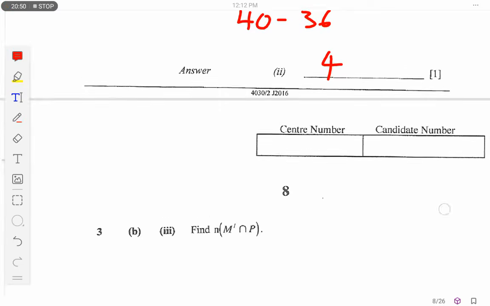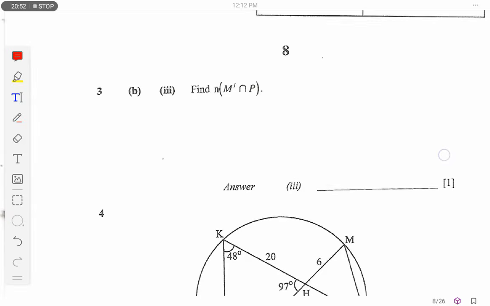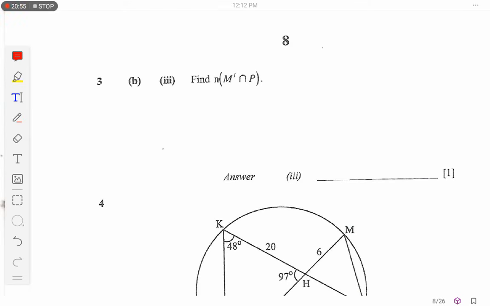Okay. Then the last part of this question is saying find n of M dash intersection P. What this means is that we want to find the number of students who do not do mathematics intersection those who do physics.